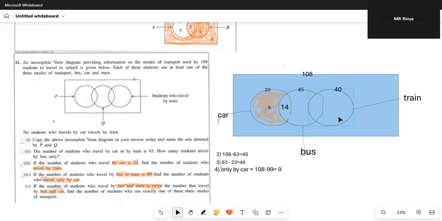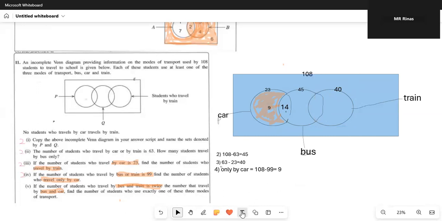And they told us that the number of students who travel by bus and train is twice the number of, now if this is x, they are telling us that this portion is 2x.